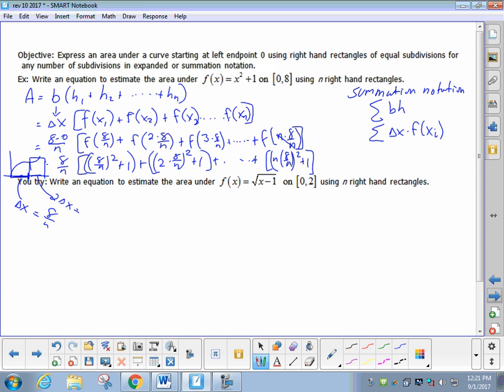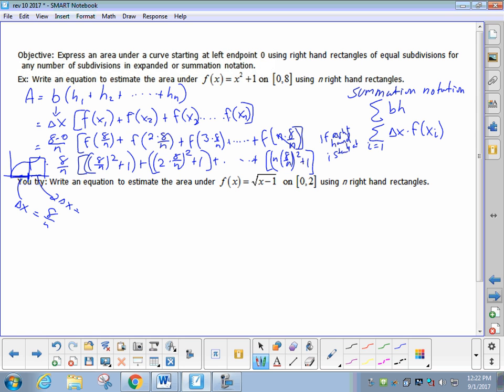Now because I have summation notation, I would then say what's the starting i. If you're using right-hand rectangles, then i starts at 1, because in the first rectangle, you go 1 over to the right side and then find your first height.